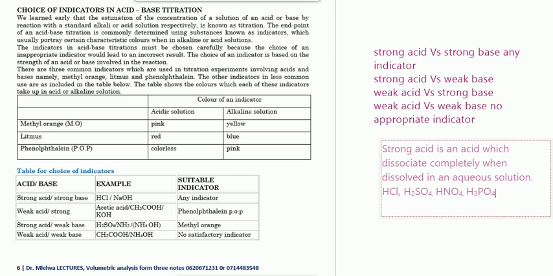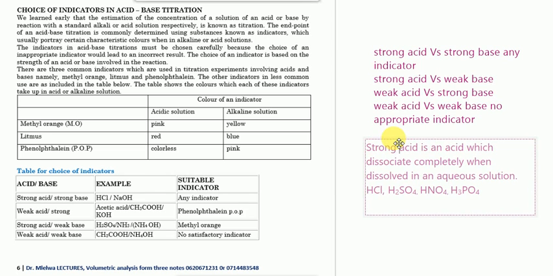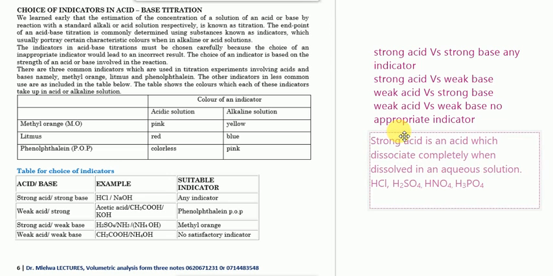So when we are talking of these acids, they are all mineral acids, and because they are mineral acids, they dissociate completely when dissolved in aqueous solution. So these are just examples of the strong acids.